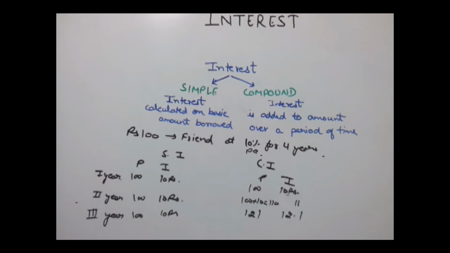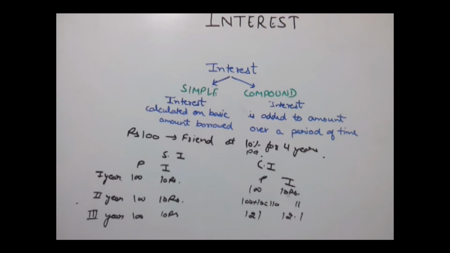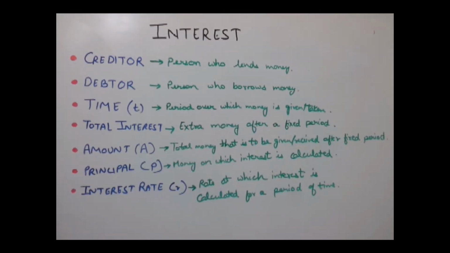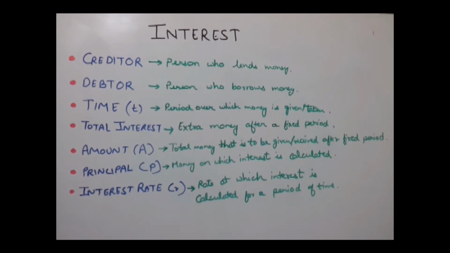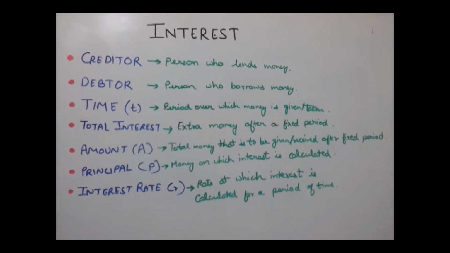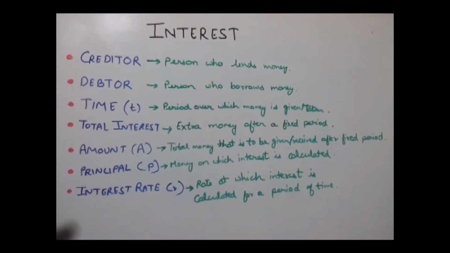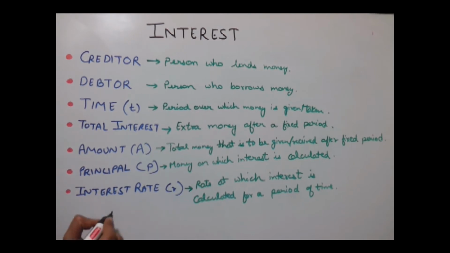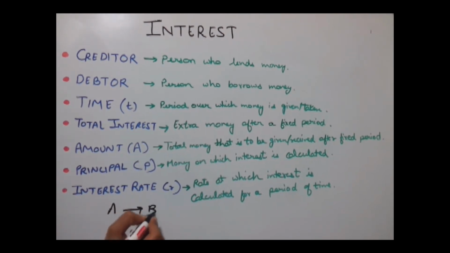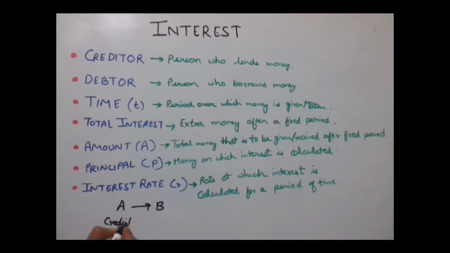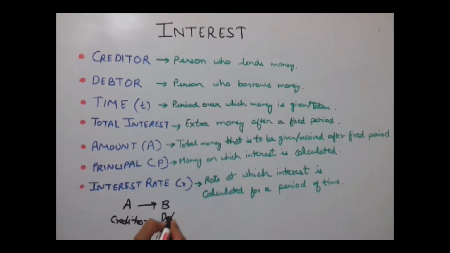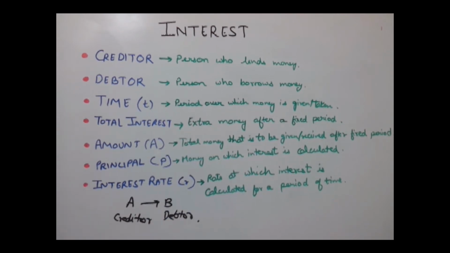Now let's see what are the basic terminologies used in problems related to interest. Creditor. A creditor is the person who gives money at some amount of interest, whereas a debtor is a person who takes money from the creditor. For example, if A gives money to B, then A is a creditor, whereas B is a debtor.